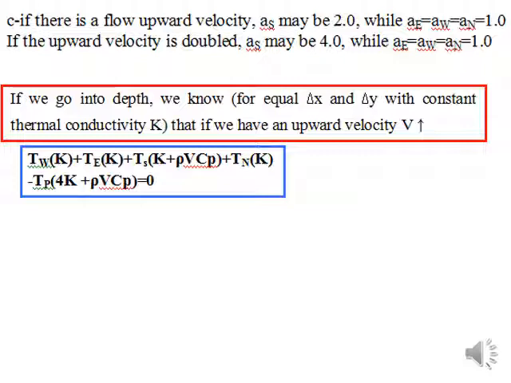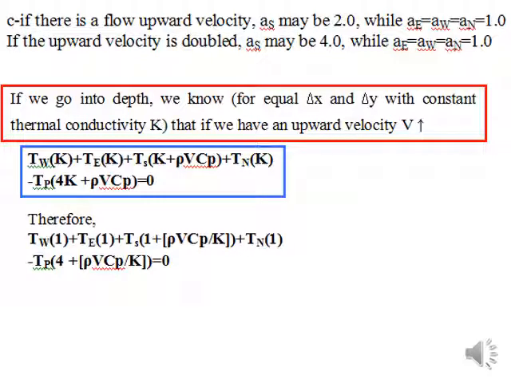So it's rho V Cp. TN is multiplied by K, and we know that TP should be multiplied by 4K and the additional term rho V Cp, to satisfy the realistic temperatures. So if we divide by K, we will find that TW, its coefficient now is 1, TE, its coefficient now is 1, and TS, its coefficient increases relatively to 1 plus rho V Cp over K, and TN, its coefficient is 1.